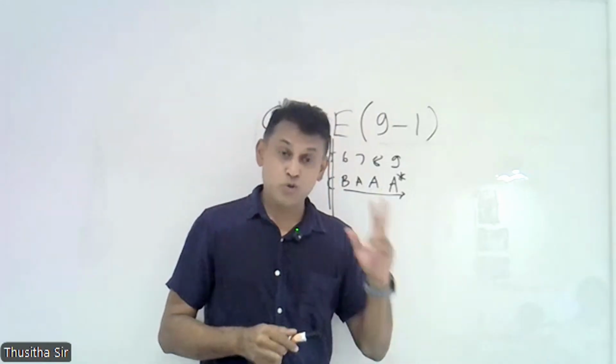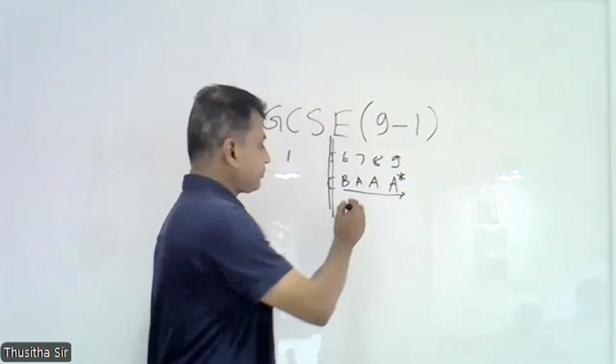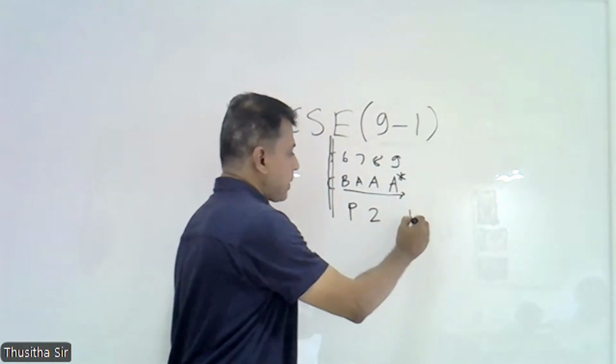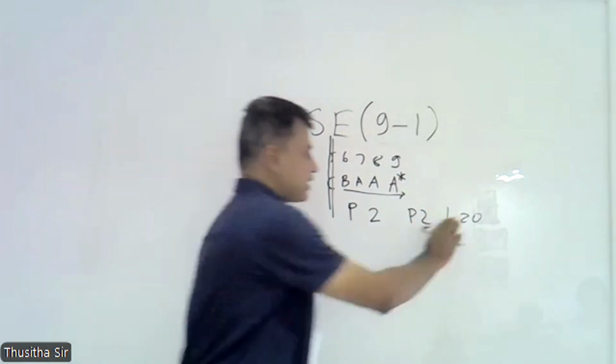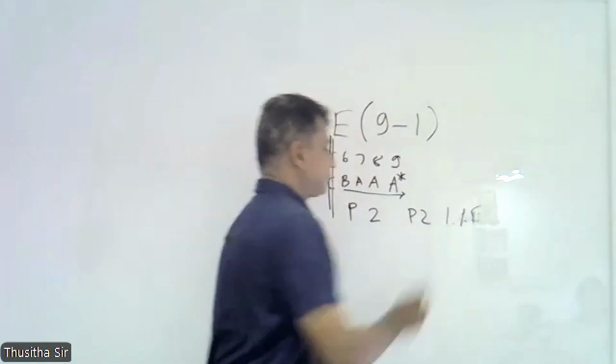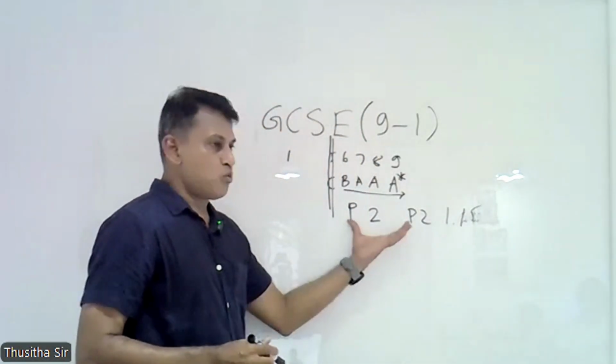The test is paper 1, which is 2 hours, and paper 2, 1 hour and 15 minutes or so. That's the evaluation, 2 papers.